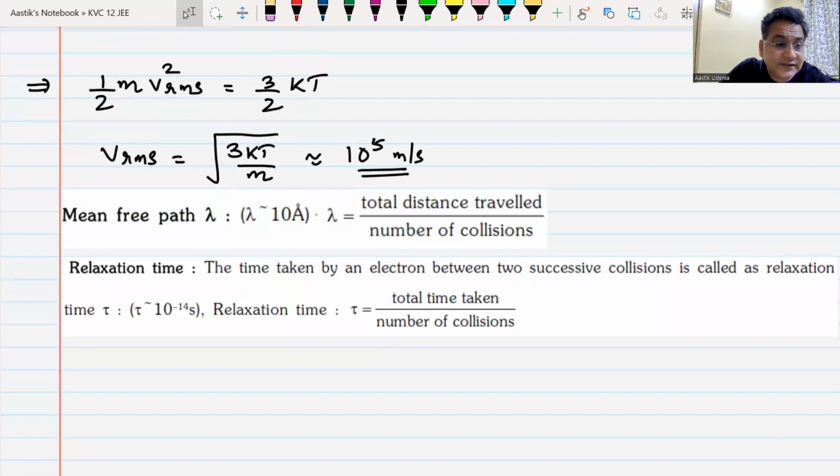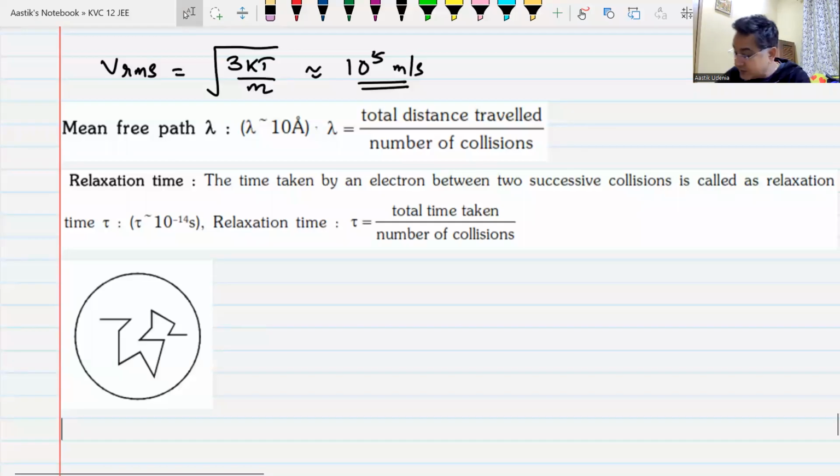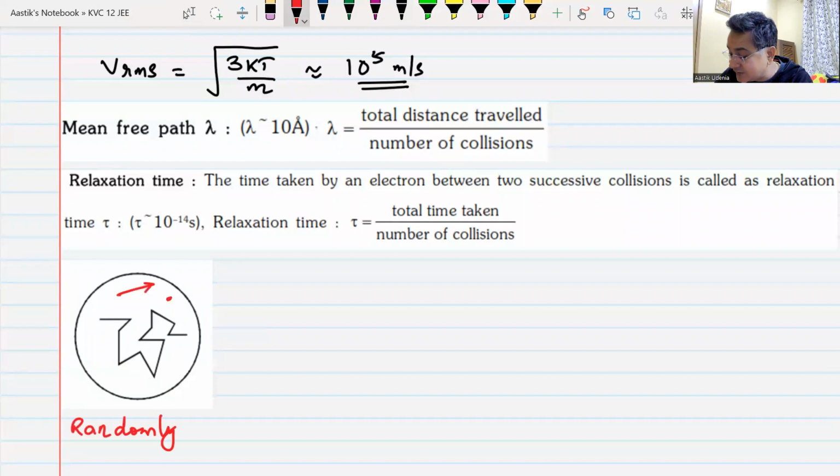Because these electrons are just moving randomly. What do you mean by random motion? Some electrons are moving like this, some like this, some like this.